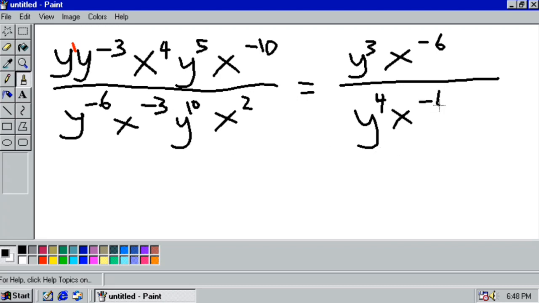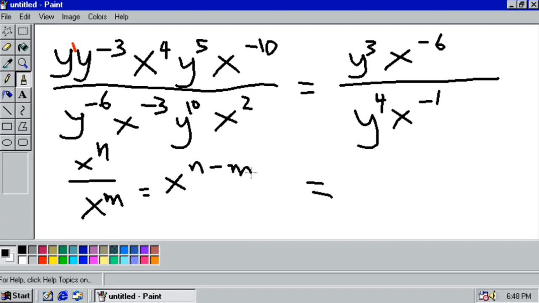Now, we can also simplify this again. Let's say we have x to the n and x to the m. When we have division, we are gonna subtract. So it will be x to the n minus m.